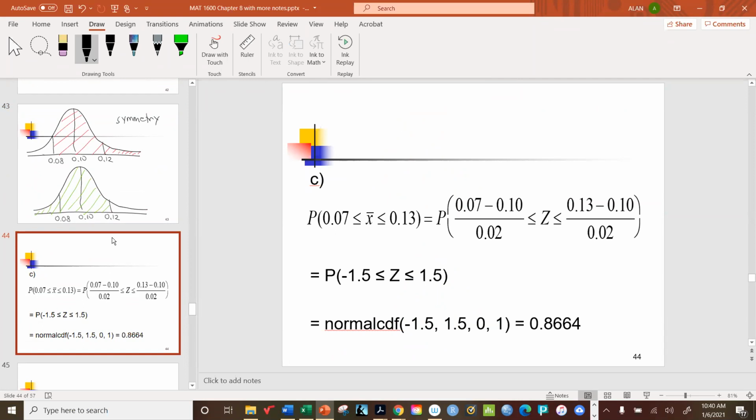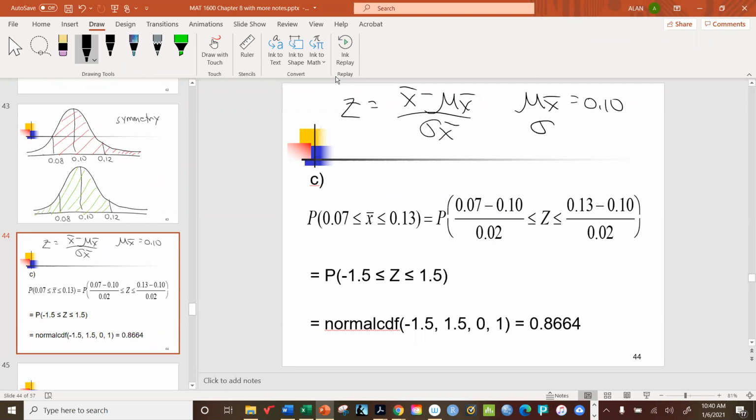All right, so we apply our conversion formula. Remember in this case, mu x bar was 10. So these numbers turn out to be plus and minus 1.5.